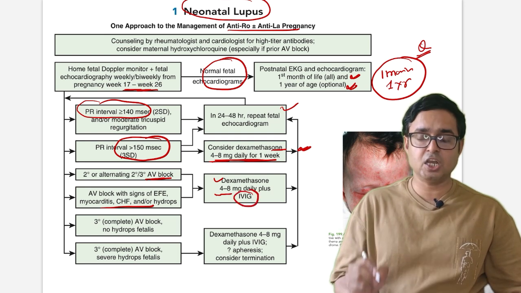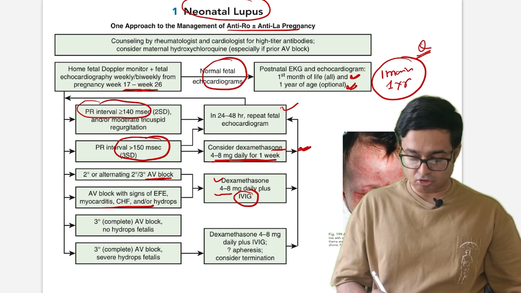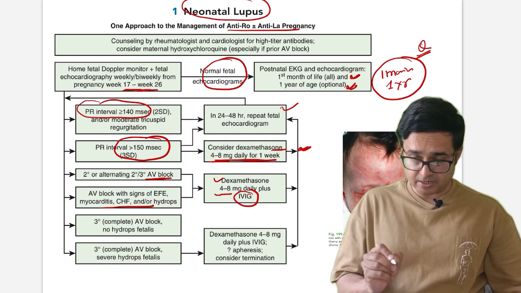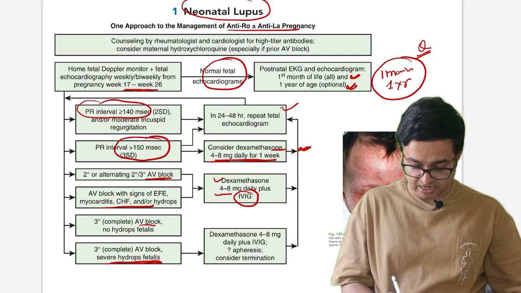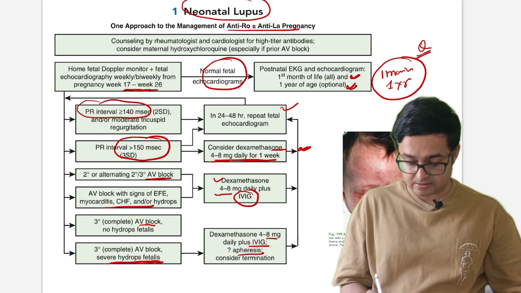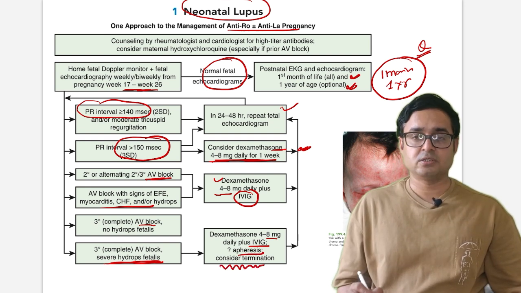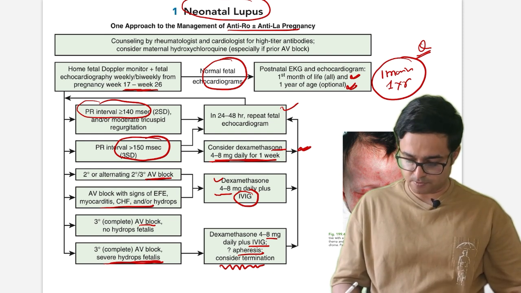So what is the indication of IVIG in lupus? AV block or CHF and myocarditis. But again, just see, third degree block and severe hydrops fetalis. In this condition, if severe hydrops fetalis is there, dexamethasone, obviously you give IVIG, apheresis can be done, and if it is uncontrollable, termination is required. So this is a beautiful explanation of neonatal lupus management.